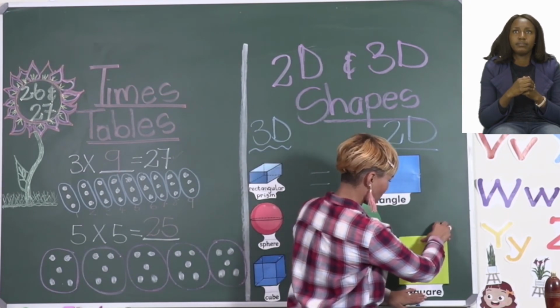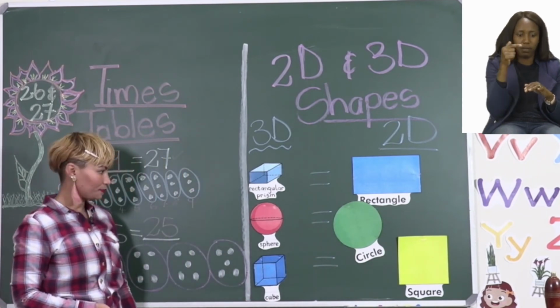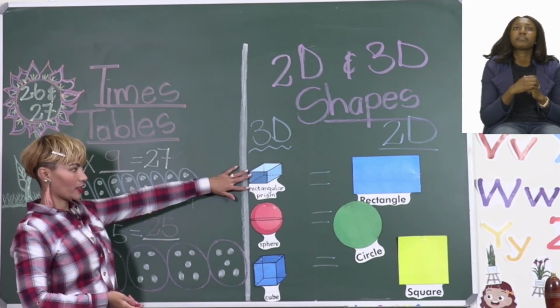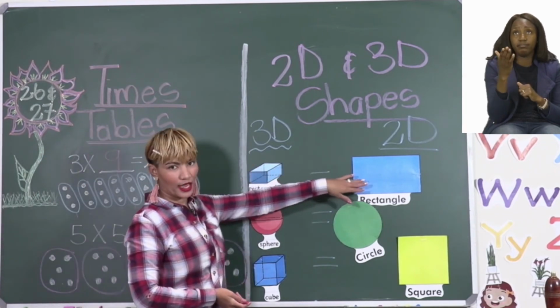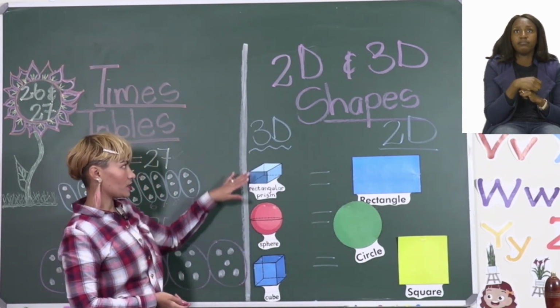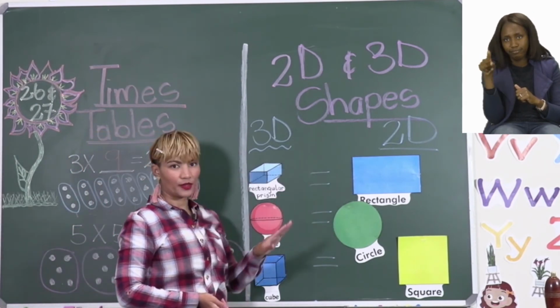Okay, so I'm just going to put it on this side so we have enough space. So our rectangular prism, the 2D version is a rectangle. Sphere in 3D is a circle in 2D.